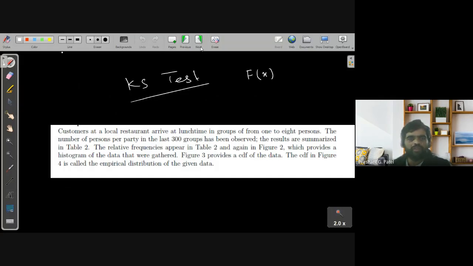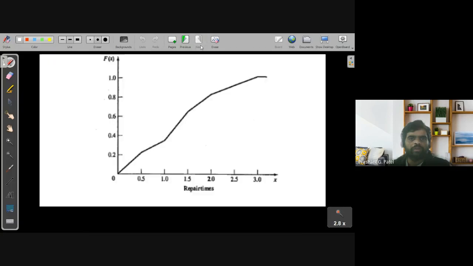and based on this we can define one function called the D function, which is the maximum of Fx minus Sn of x. Fx is whatever the distribution theory says, and Sn is from the observations. Okay.